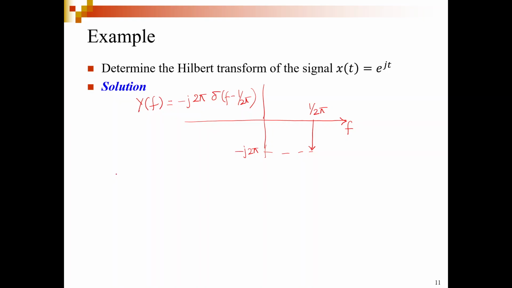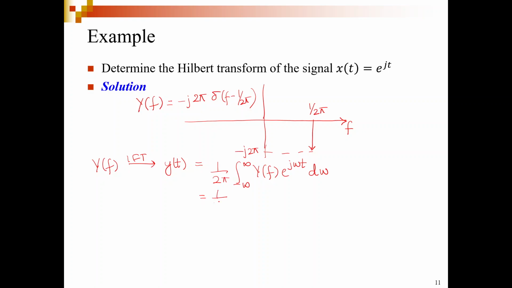To obtain y of t, the time representation, we have to find the inverse Fourier transform. So by applying the inverse Fourier transform, we obtain y of t, which is 1 over 2 pi integral from minus infinity to plus infinity Y of f into e to the power j omega t d omega.